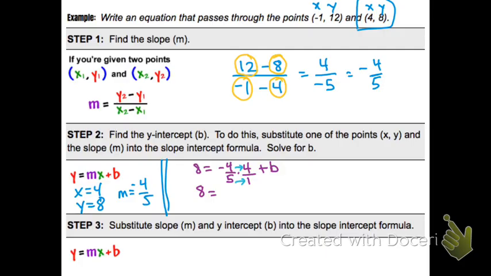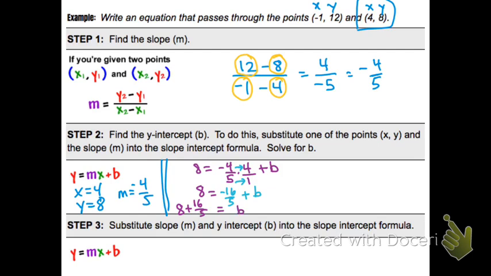So that is negative 16 over 5 plus b. And then when I move everything over to the other side, I'm going to add 16/5 to 8. So it's 8 and 16/5 equals b.